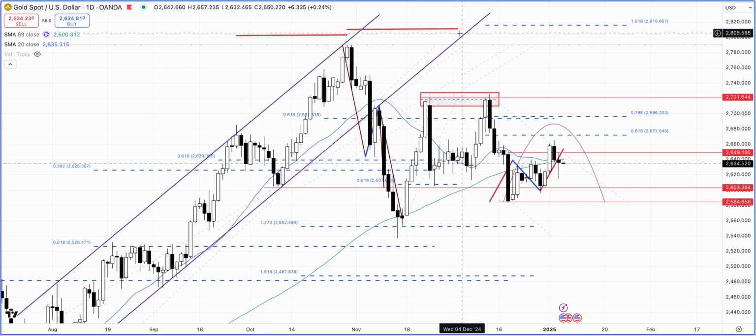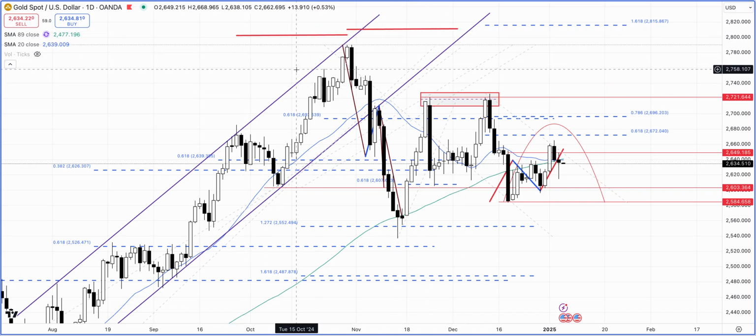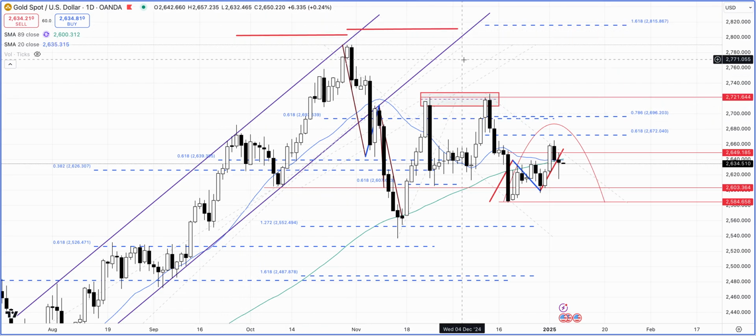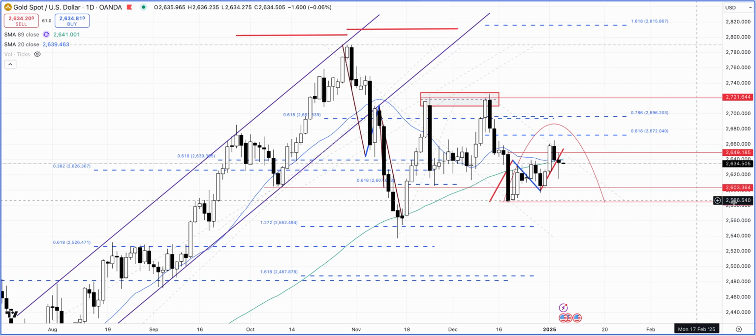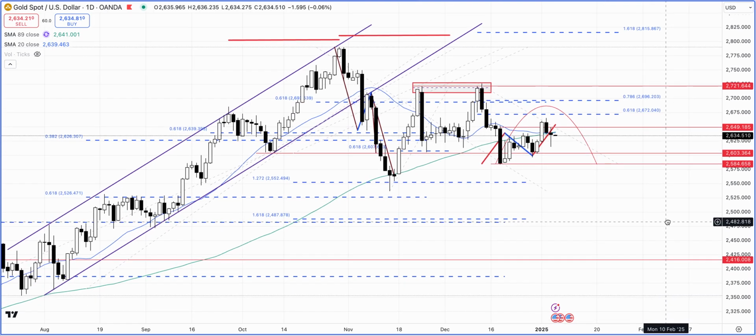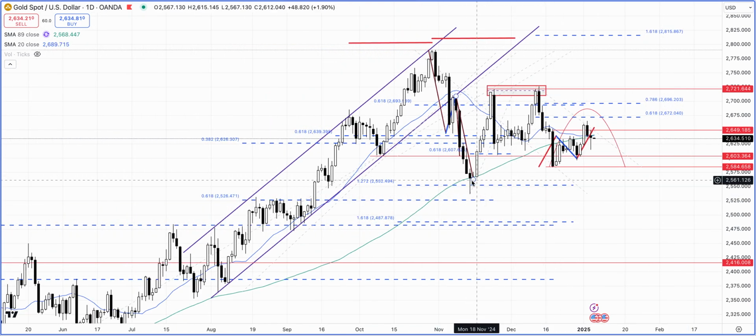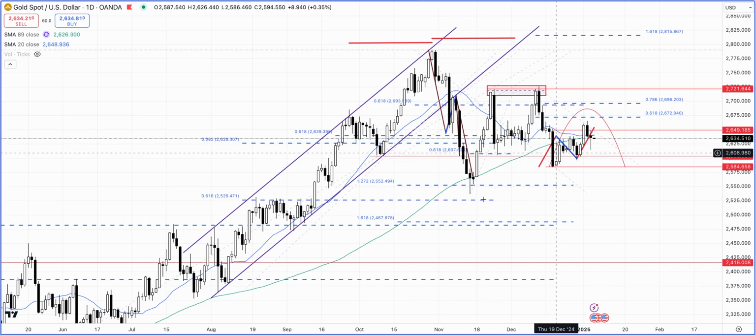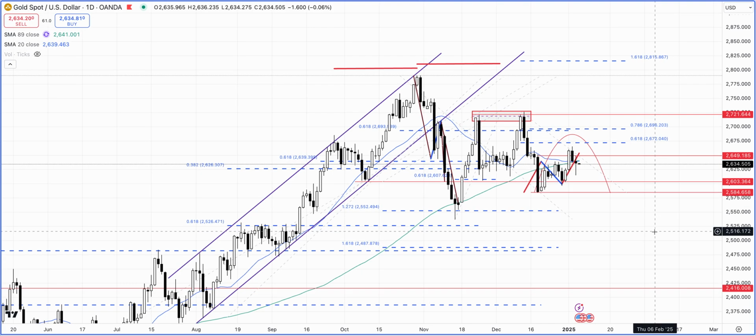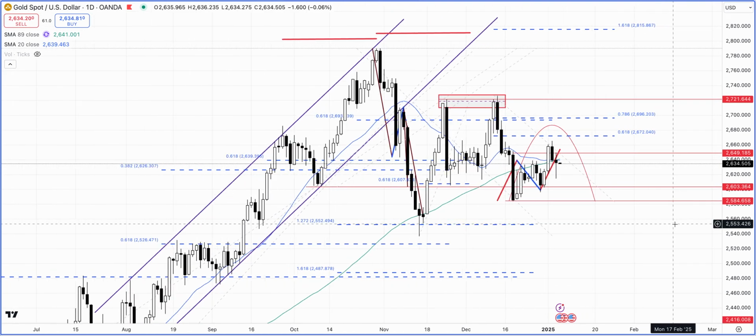There is a pretty good symmetry in there. I always try to look for symmetry. So this is the left shoulder, head and the right shoulder. So we'll just keep on watching if this neckline, I've not drawn it like this, is broken. We could see a sharper move to the downside in gold by the looks of it.